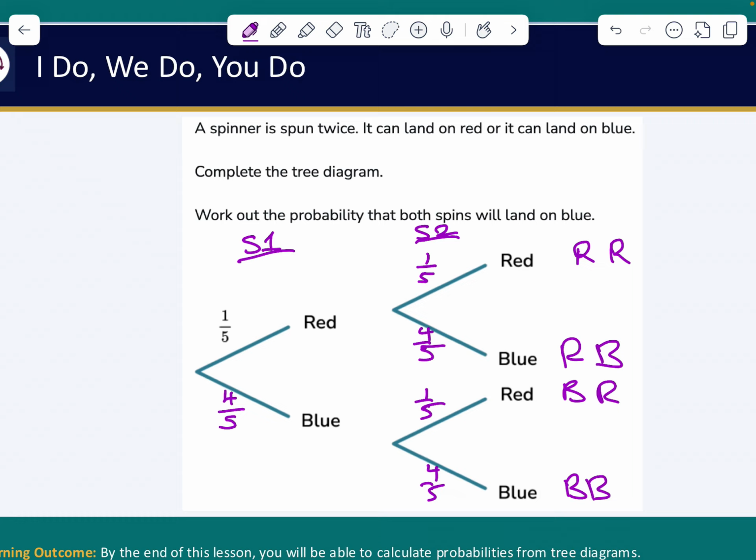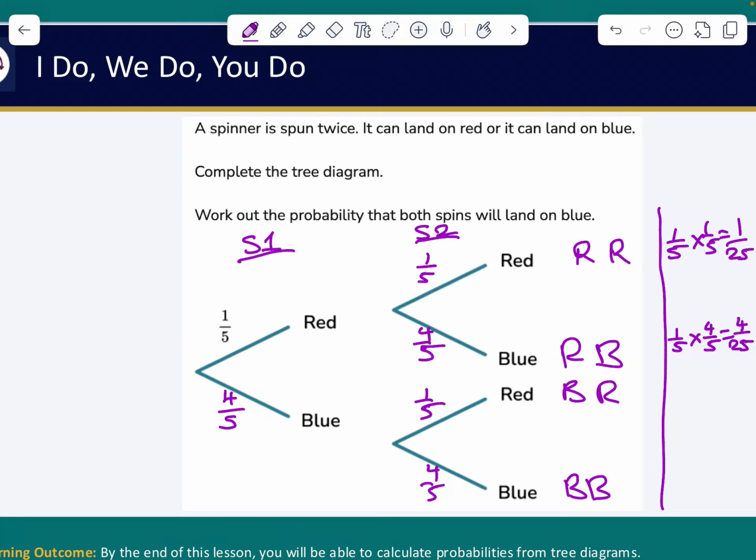So if it says we want you to work out the probability of that happening, you times the branches together. The first one is a fifth times a fifth, so that would be 1 over 25. The second one, a red and then a blue, is a fifth times 4/5, which is 4 over 25.